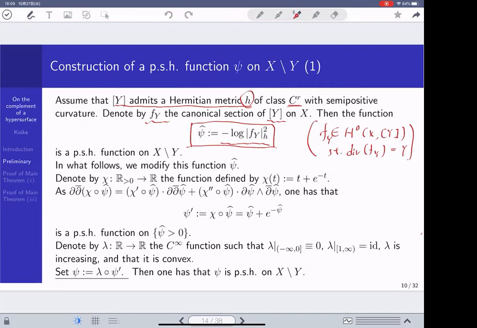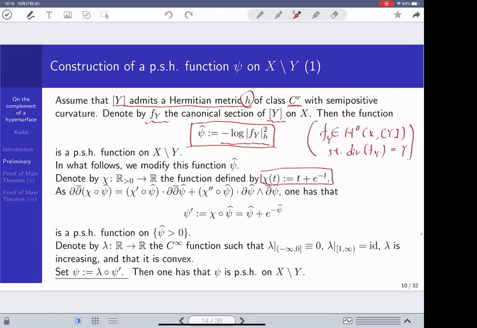In what follows, we modify this function psi hat because I want to count the number of positive eigenvalues of the complex Hessians of psi hat. Denote by chi the function defined by this one.